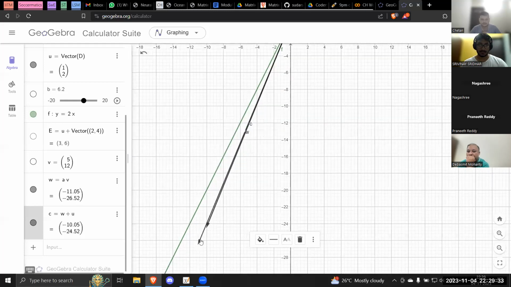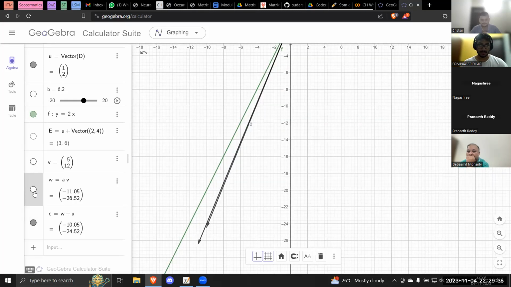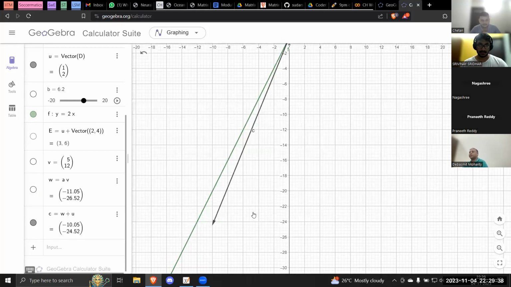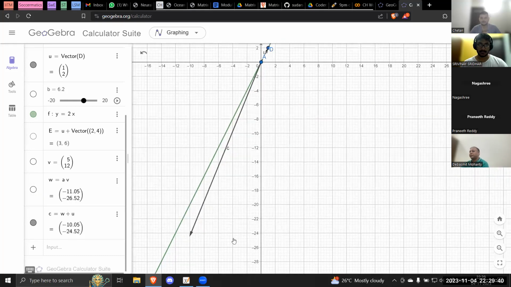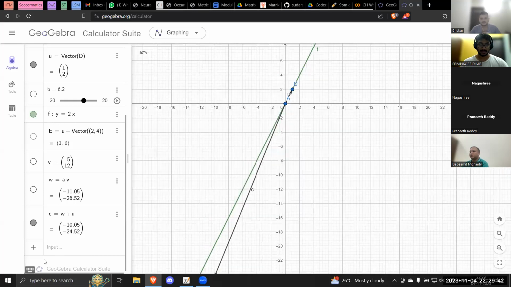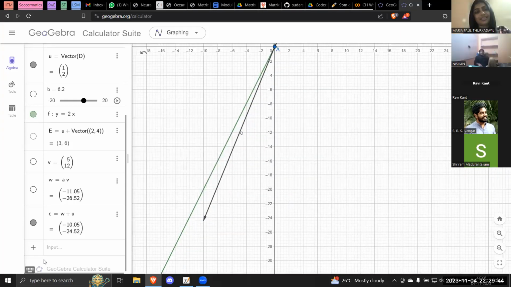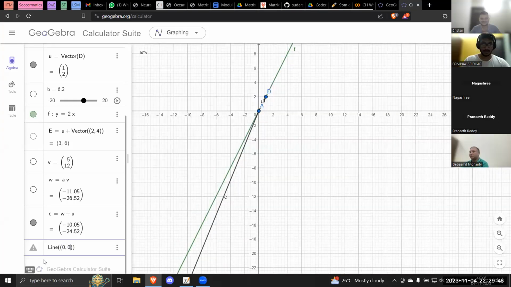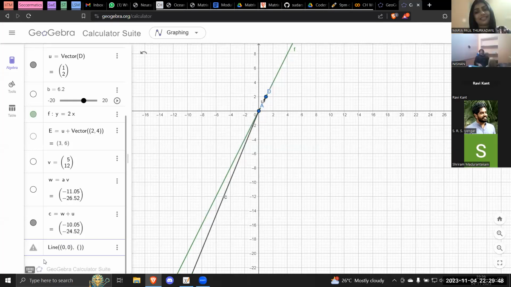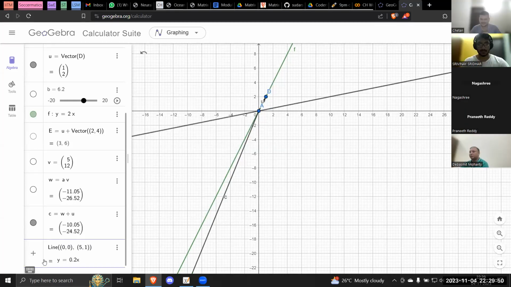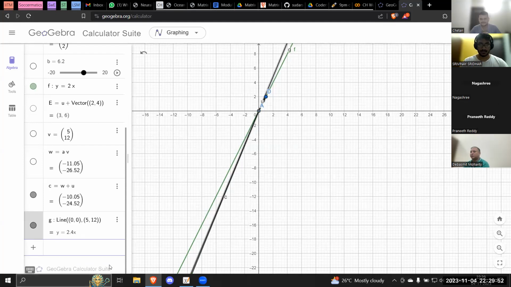Nishan says this is very interesting. And so it does not lie on either of these lines, right? Now what should I do?